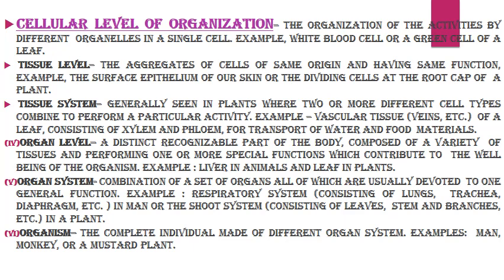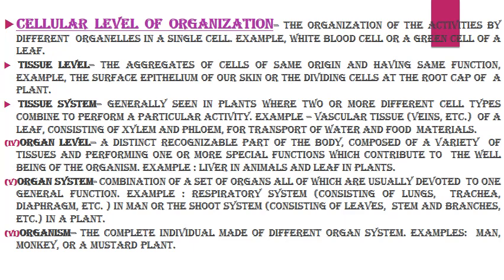Next is organ level, a distinct recognizable part of the body composed of a variety of tissues and performing one or more special functions which contribute to the well-being of the organism. Example, liver in animals and leaf in plants. Organ system, this is a combination of a set of organs, all of which are usually devoted to one general function.